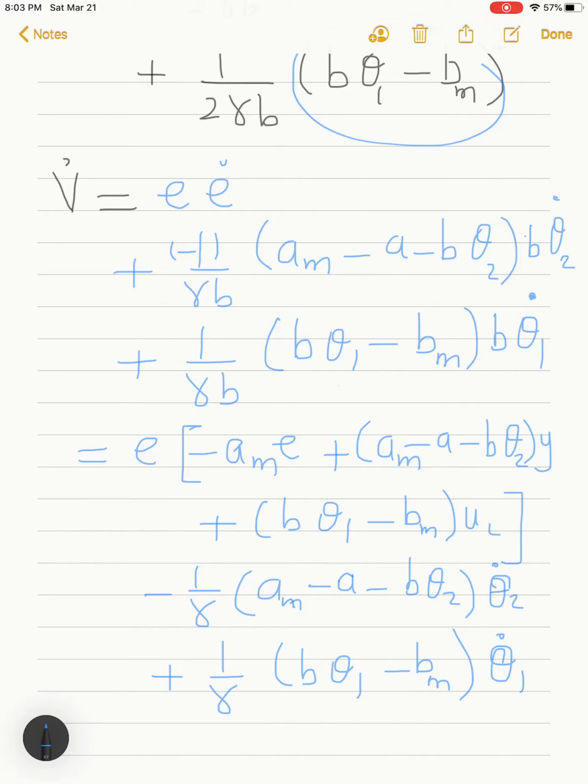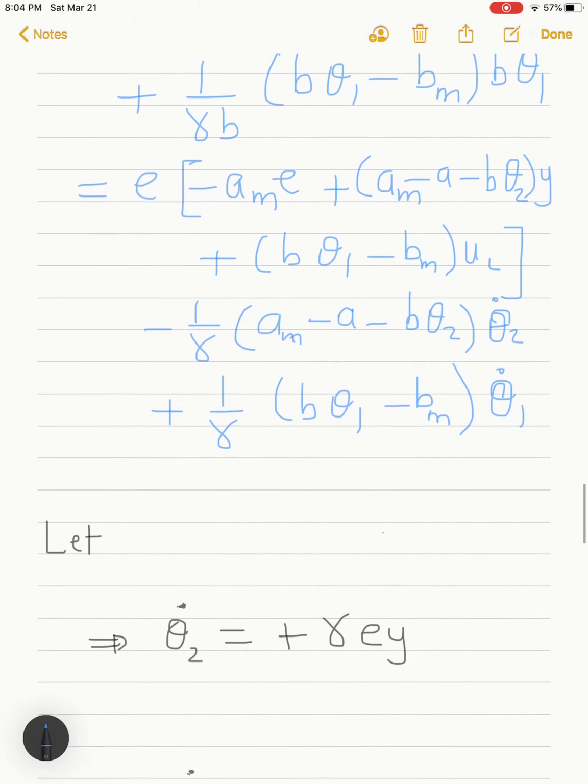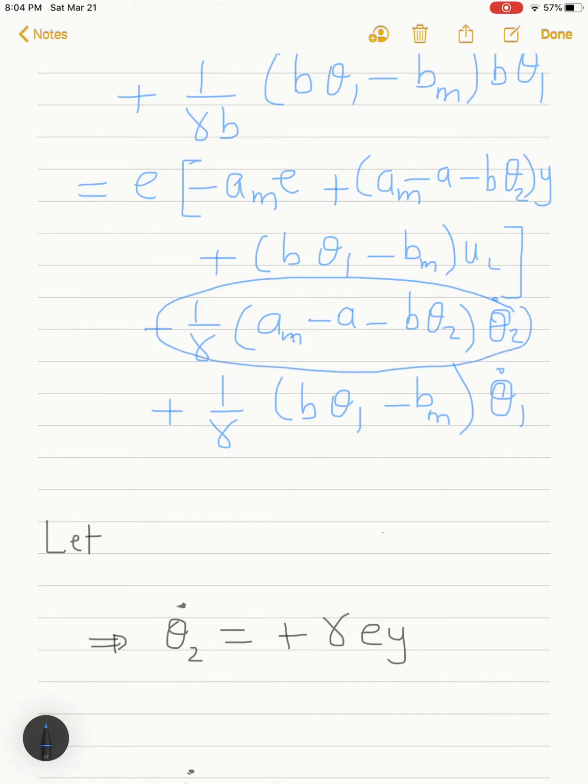Now e times minus am times e would be negative. However, the other terms cannot be guaranteed to be negative. They have indefinite sign. So what we are going to do is force them to be equal to 0, and that is done by forcing the term here and that term to be equal to 0.